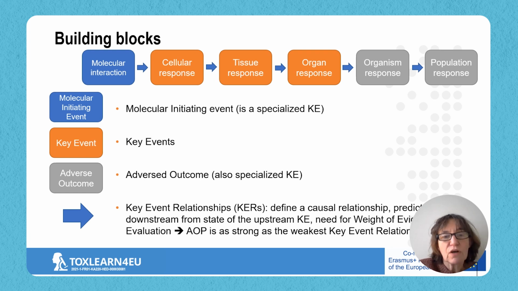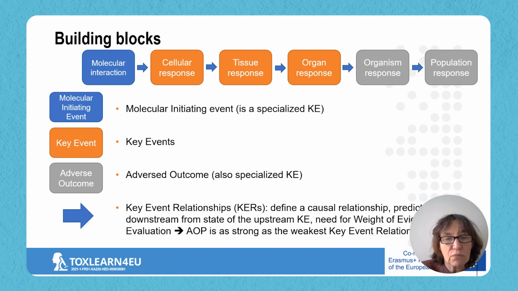So an adverse outcome pathway has different building blocks. The first, being the biggest chunk of it, are key events, and actually the molecular initiating event is a specialized key event. It's the first trigger of your pathway, and one says that once the molecular initiating event is switched on, from that point onwards the whole adverse outcome pathway normally will continue to happen.